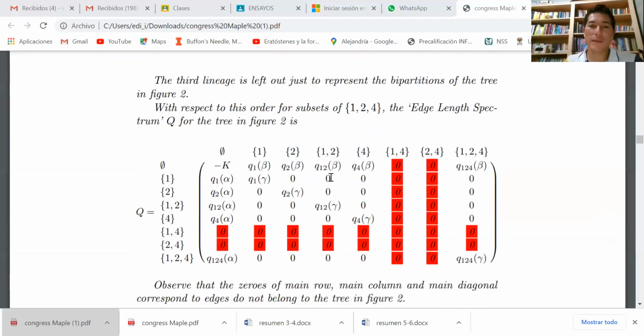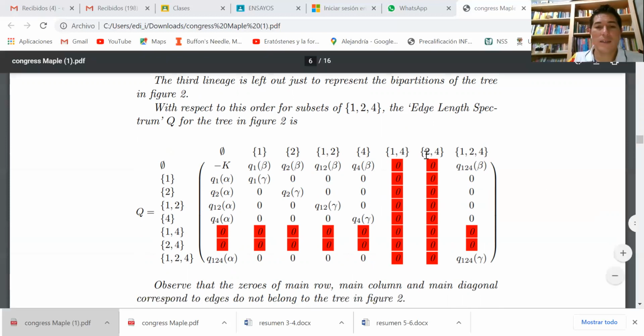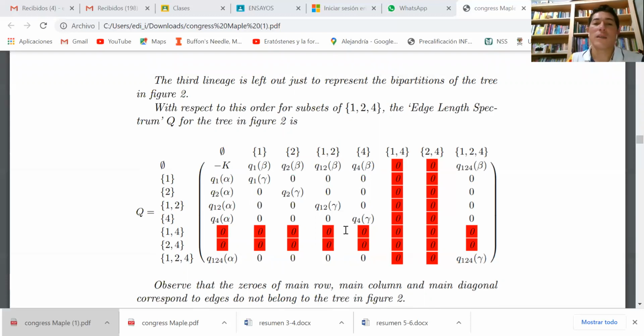And the matrix Q of that theorem, Hadamard conjugation, includes information about the expected number of substitutions on different edges for the phylogenetic tree. So in this case, taking lineage 3 as the reference lineage, not the lineage 2 as we considered before for matrix P, we obtain this matrix, okay?